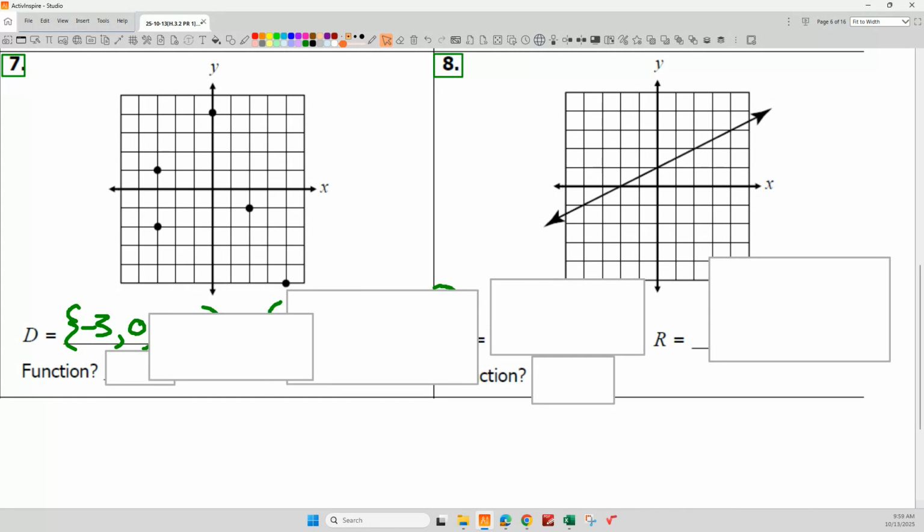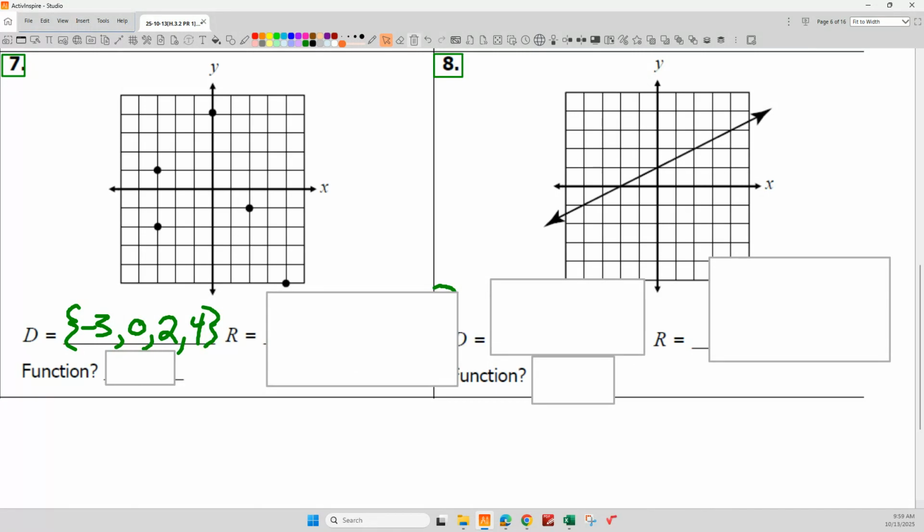Maybe that last one was covered up. What's the trick there? How'd you get that one so fast? What do you do there, somebody? How are you going to get the domain? You're going to read that off so quickly. Okay, you're looking at just the x coordinates as you scan from left to right. Everybody agree? That's all you're doing. Looking at the x coordinates of the points you encounter moving from left to right.